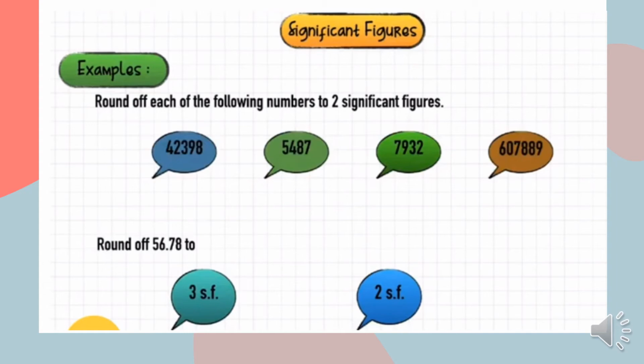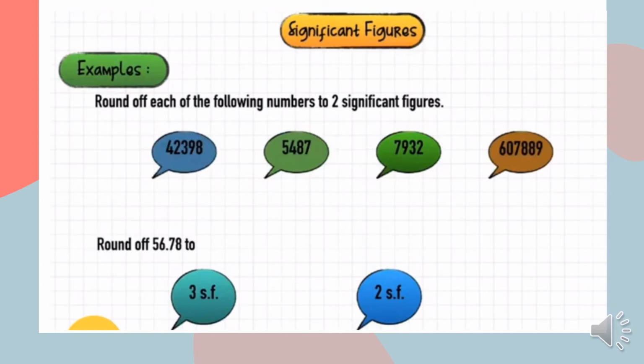Who has an idea on how or what we should do? Okay, good. The first thing is that you have to know which digits give you 2 significant figures. Obviously we're going to take the first 2 numbers, because we know in an integer the rest of it are going to be 0.